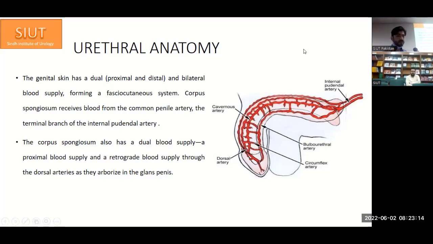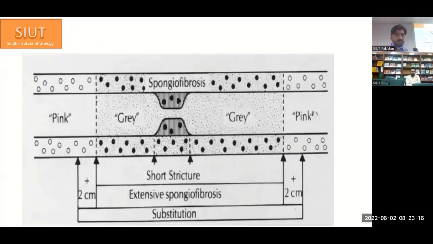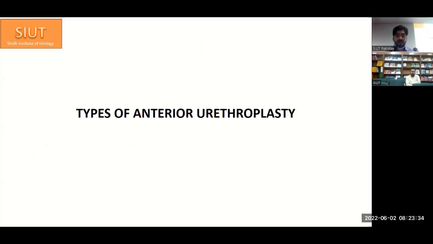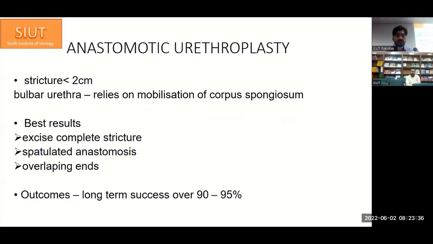Quite right. Okay, continue. This picture shows a short stricture, and this is spongiofibrosis, extensive spongiofibrosis. If the stricture is within 2 centimeters, anastomosis is done; greater than 2 centimeters needs substitution. Types of anterior urethroplasty: anastomotic urethroplasty.